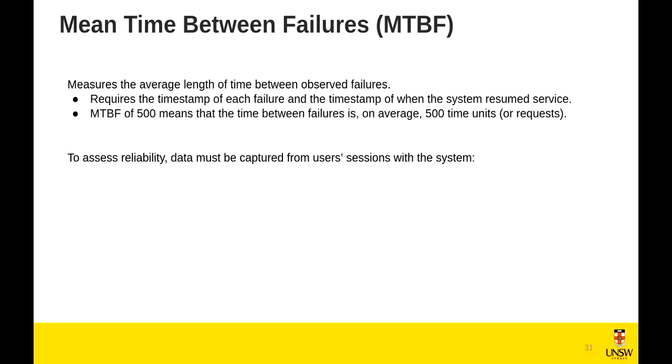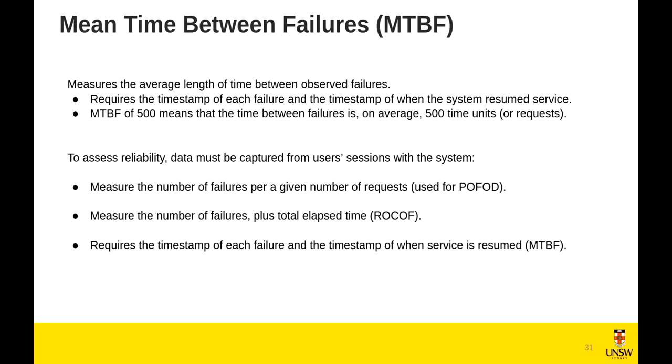Yeah, we need to calculate the average time between failures, and this is actually the more used one in some big companies. So we need to calculate the average time between 2 failures, and in order to calculate this, we need to keep track of the timestamps whenever a failure occurs, and the timestamp when the system restarts.